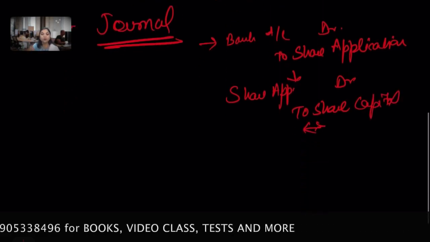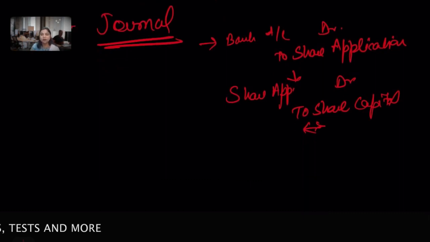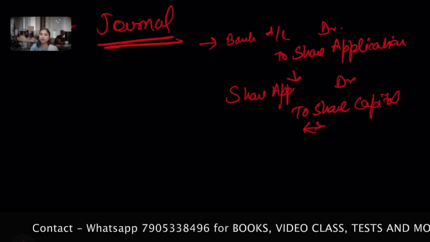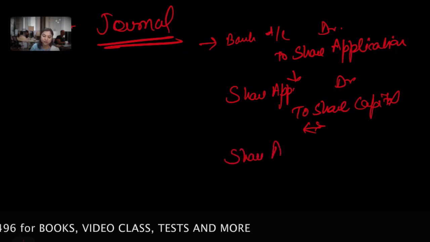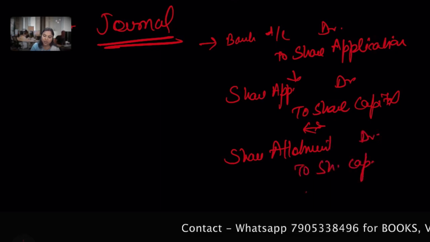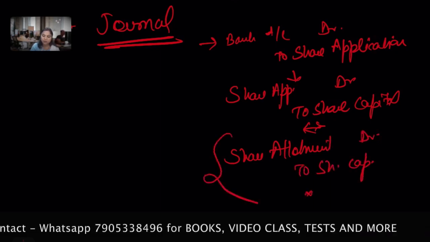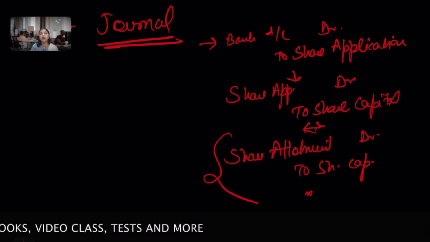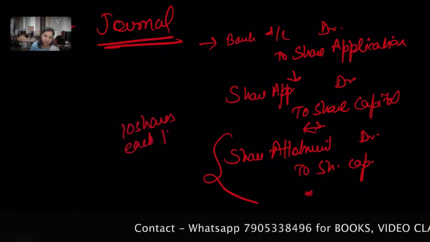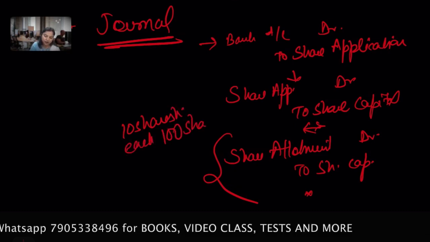Okay, now I called you for the first installment, that means your allotment money. When I asked you for the first installment, that means I know you are my shareholder. That's why I will make a due entry first. So share allotment debit to share capital. Okay, so I due everyone because I know I'm going to collect from everyone. Suppose for the purpose of example, there are 10 shareholders and each has 100 shares.